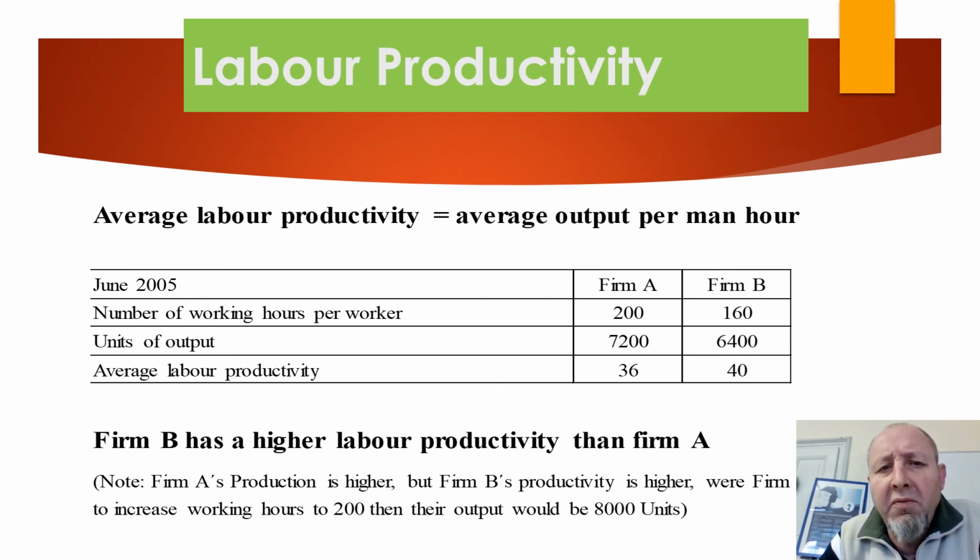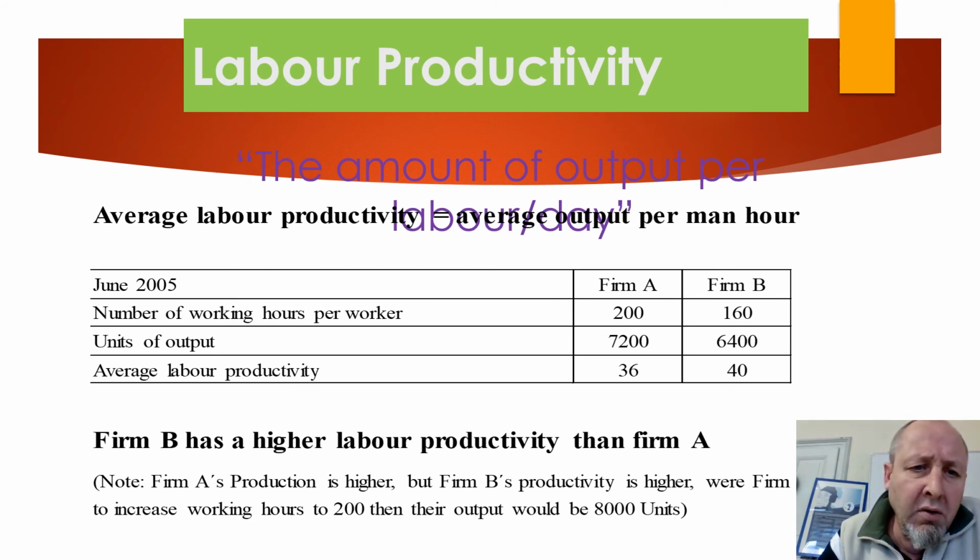If you remember our formula, what I need to do is take the number of output and divide it by the number of working hours. There I see that the average labor productivity from this simple example is 36 for firm A and 40 for firm B. So this tells me that firm B has a higher labor productivity than firm A. Quick note: firm A's production is higher, but firm B's productivity is higher.